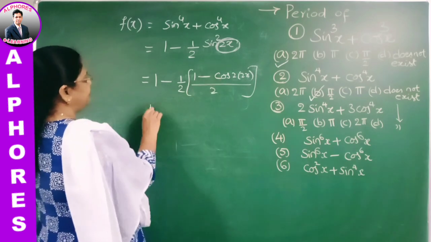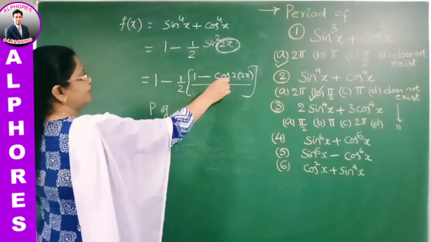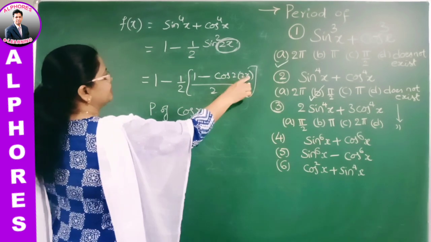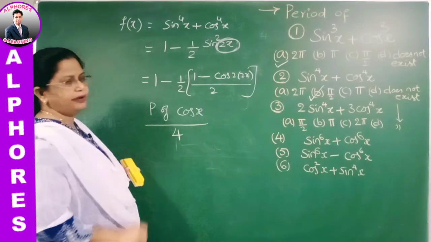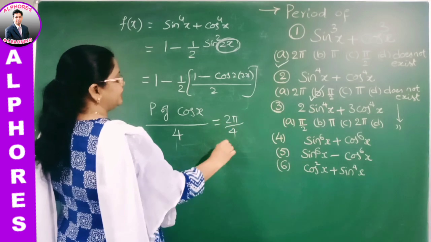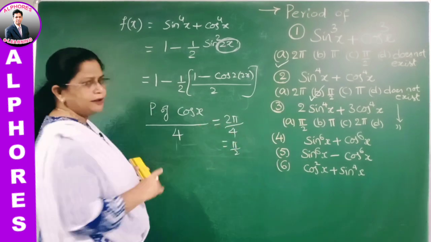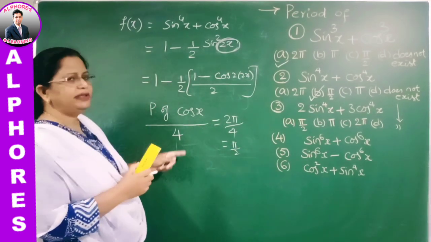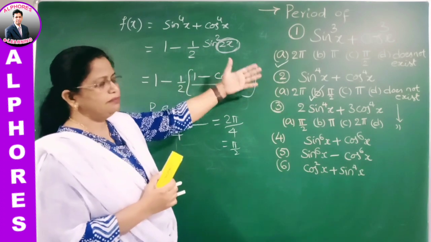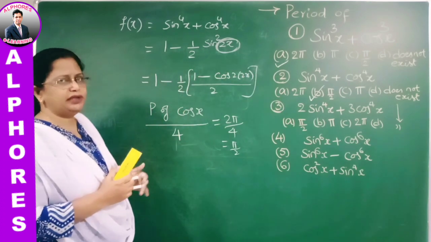It is nothing but the period of this cos value, the original function, divided by the x coefficient, that is 4. Then this is 2 pi divided by 4, hence what is your answer? Pi by 2. So this is the descriptive method, and whatever we did just by observation, pi by 2, that is the objective approach.